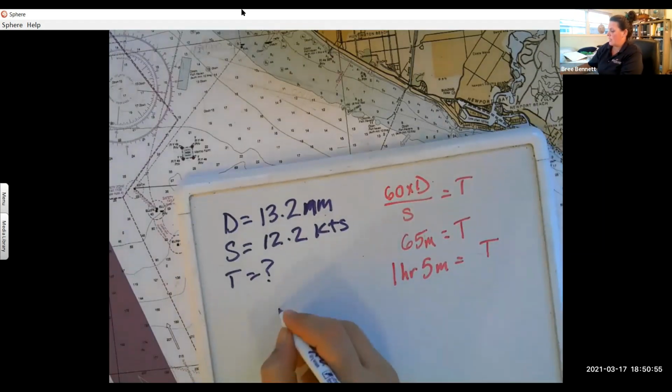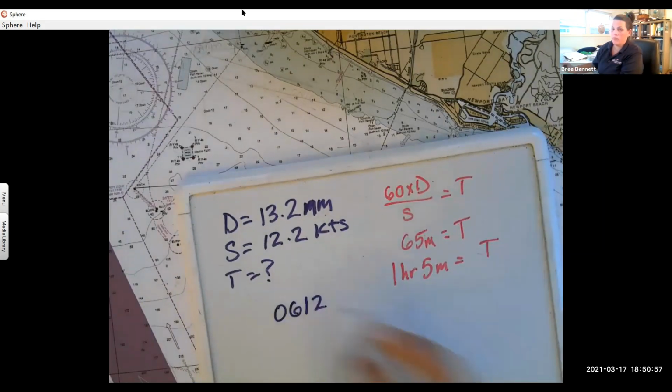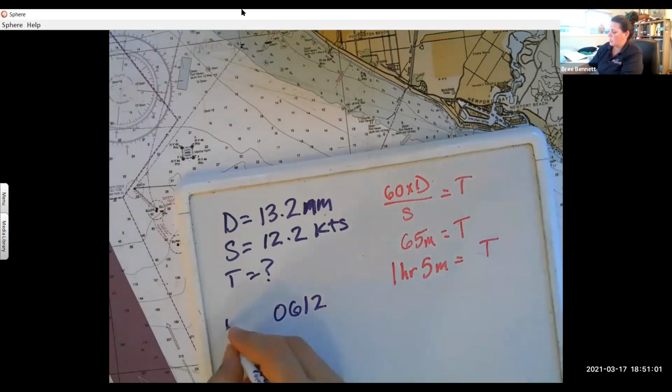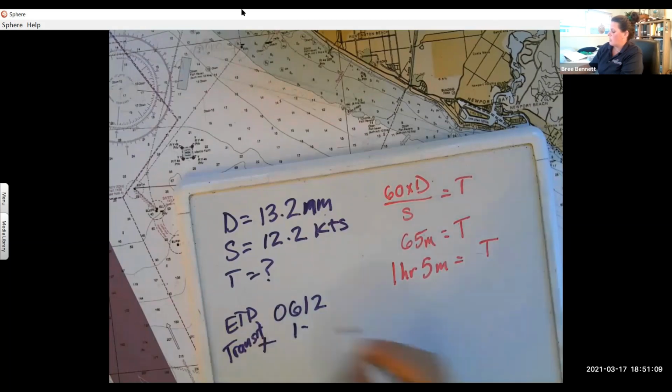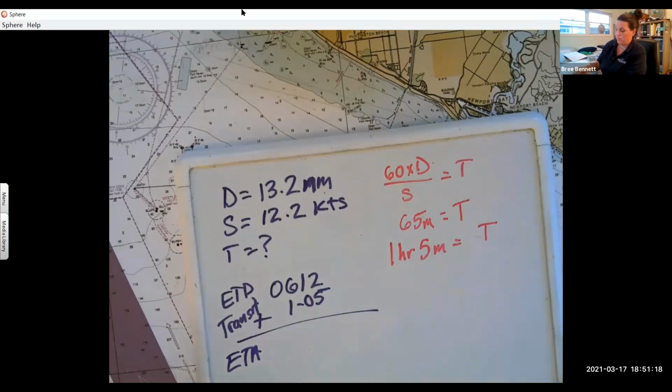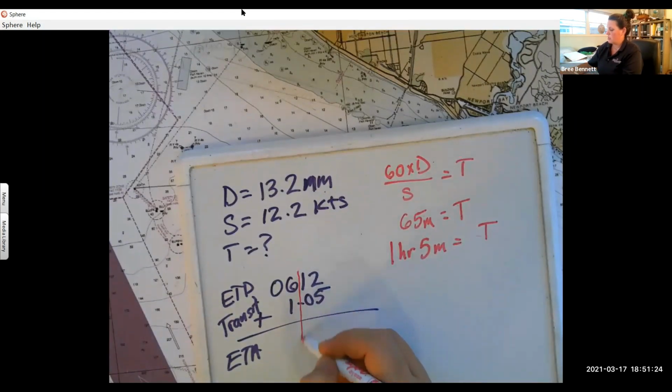We left at 06:12, and this was our ETD, our transit time is 1 hour, 5 minutes. What is our ETA? I always do the minutes first.